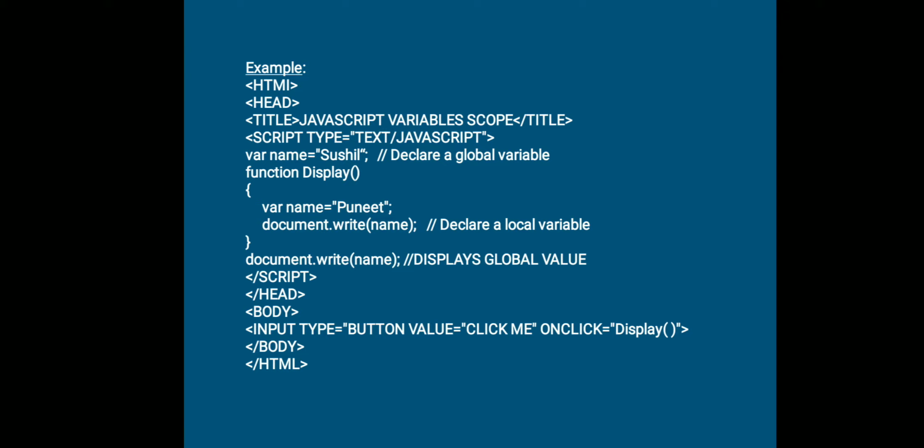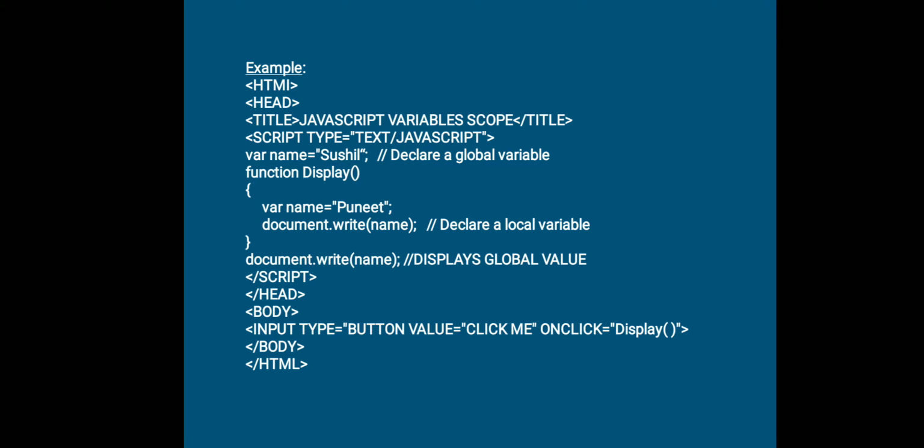We have displayed name in two places, one within the function, second outside the function. When I display the name within the function, the local value will be printed. If I display outside the function, the global value of the name will be printed. That means for the first output statement, the name is Puneet. For the second output statement, the name is Sushil. So this is about the scope of the variables.